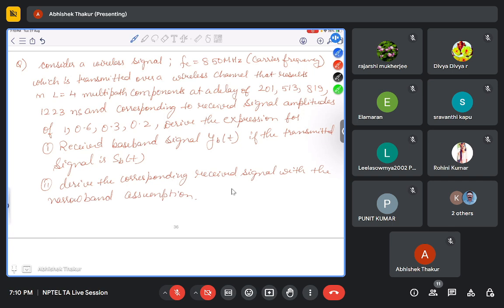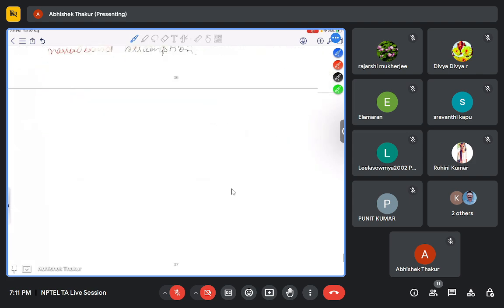So here in this question you can see the delay is given for all the four multipath components. So this is tau 1, tau 2, tau 3 and tau 4. And the signal amplitude is given, that is 1, 0.6, 0.3 and 0.2.